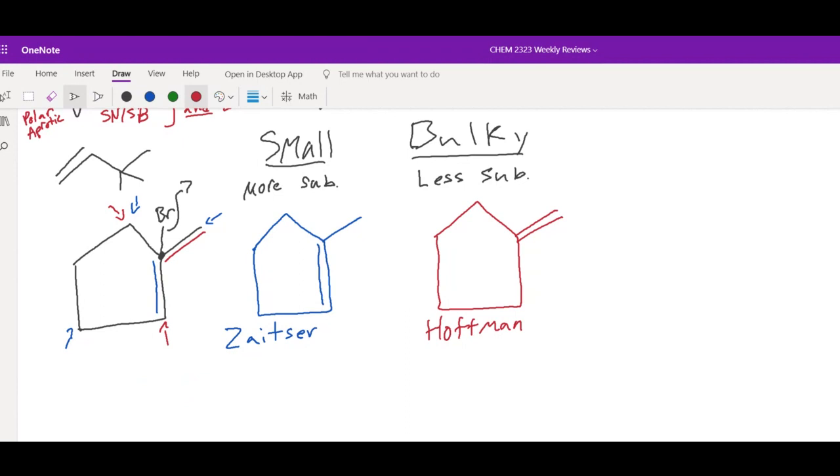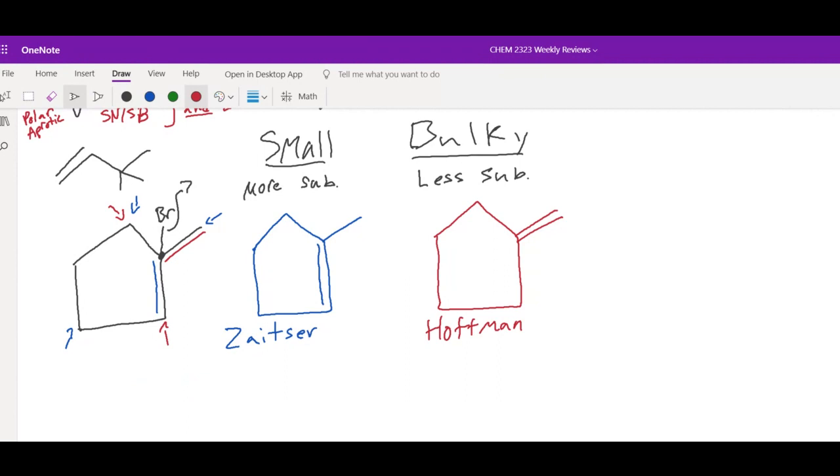Okay, ignore that diagram. Basically, similar to SN2, with a bulky base you're going to have a harder time reaching those more substituted hydrogens, which are right here and right here, because this is a secondary hydrogen, this is a secondary hydrogen, but this primary hydrogen is more on the outside.